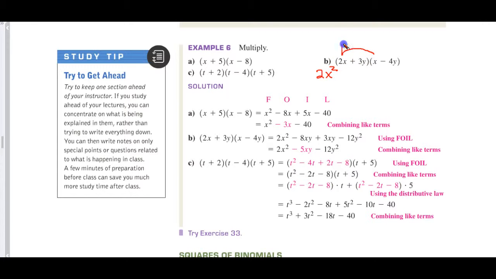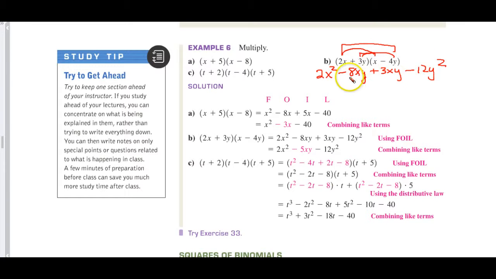Now the outers would be these, which would be a negative 8xy. The inners, a positive 3xy. And now the last, which is a negative 12y squared.